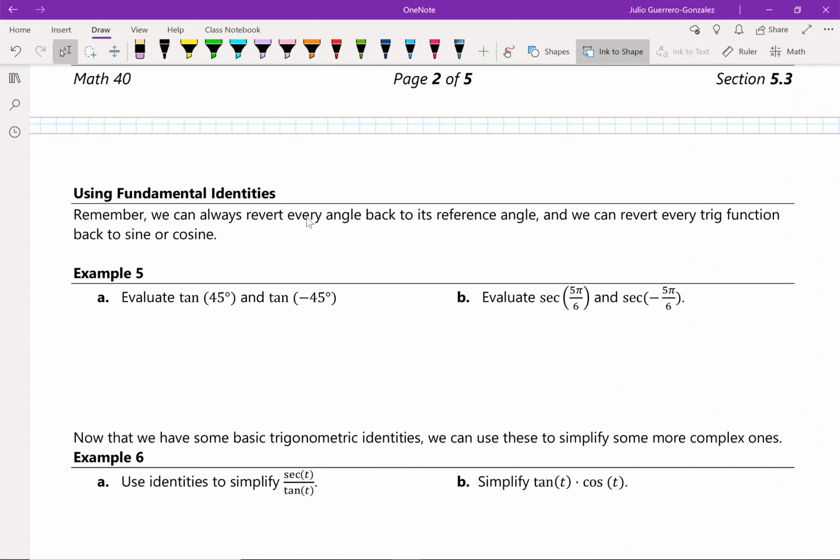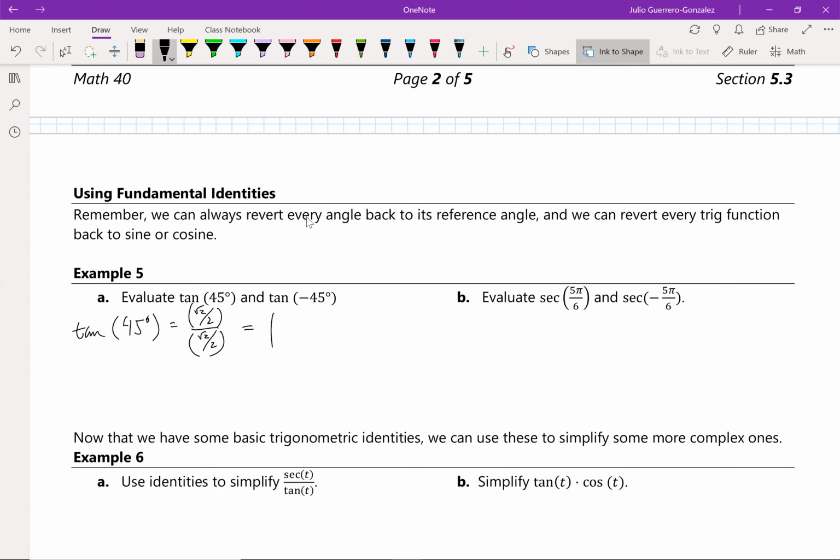Tangent of 45 degrees is the sine over the cosine, which is root 2 over 2 divided by root 2 over 2, okay, which is 1.